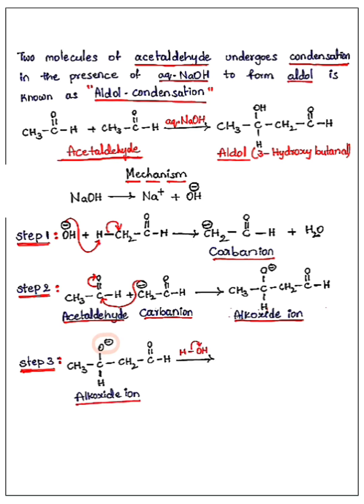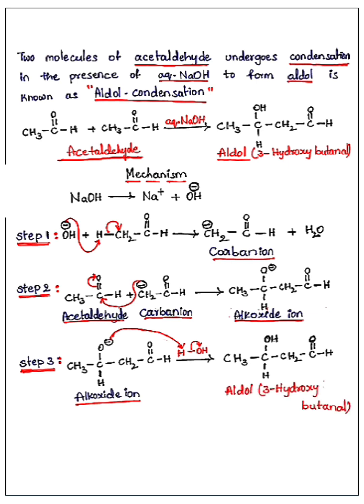This alkoxide ion has a negatively charged oxygen, so it abstracts a proton from the water and forms the desired product called aldol. You can see here O- is abstracting H+ and forming an OH bond.